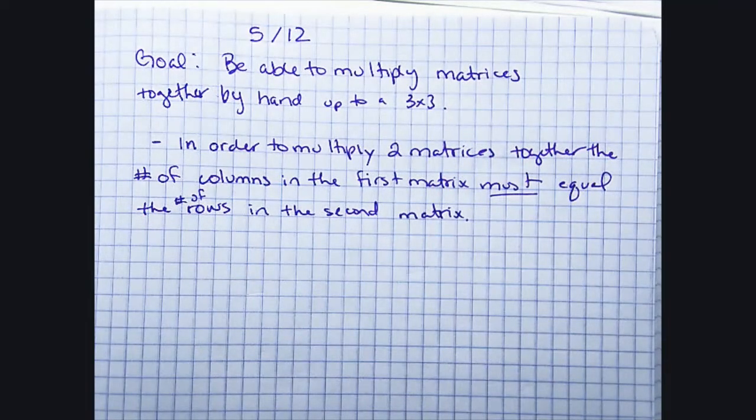So the number of columns in the first must equal the number of rows in the second, and order matters when multiplying matrices. It's not like multiplying numbers.